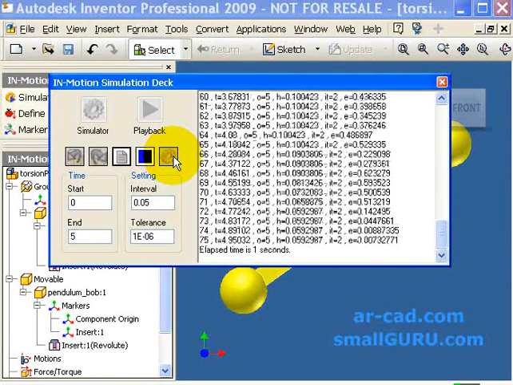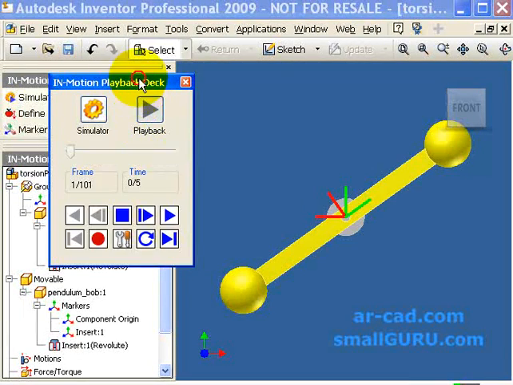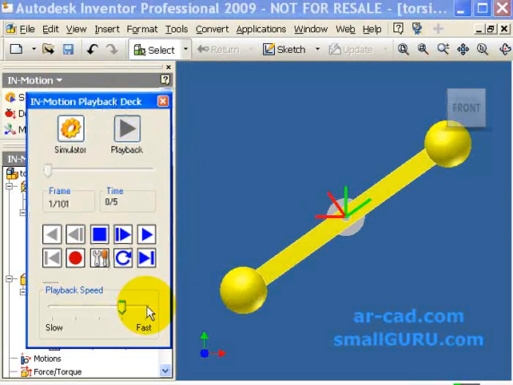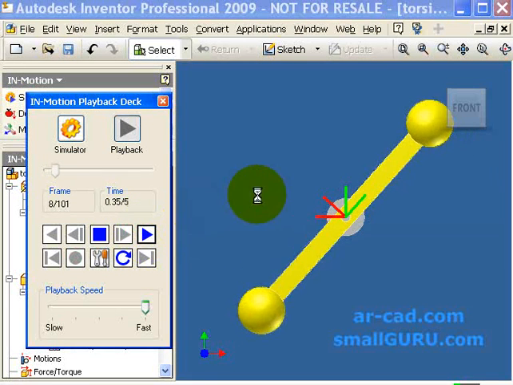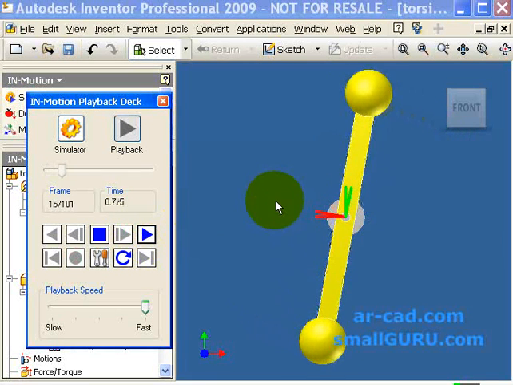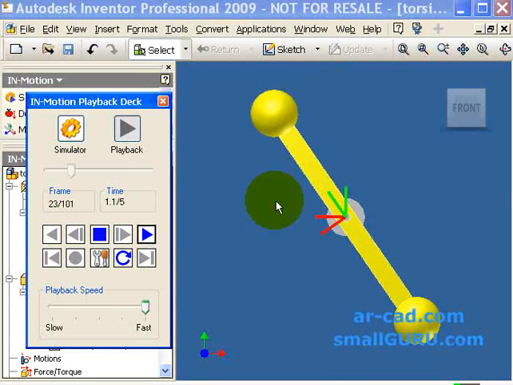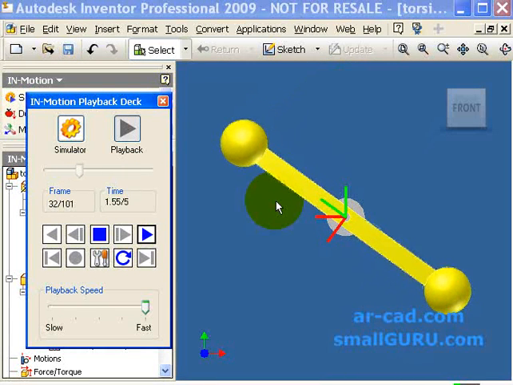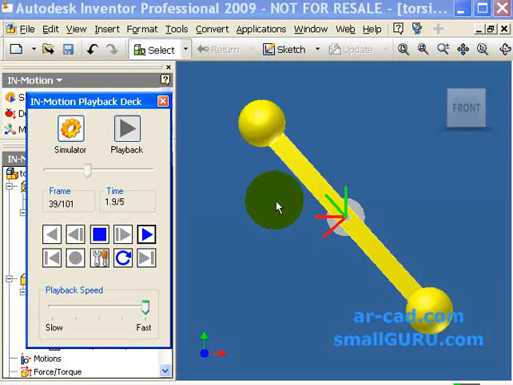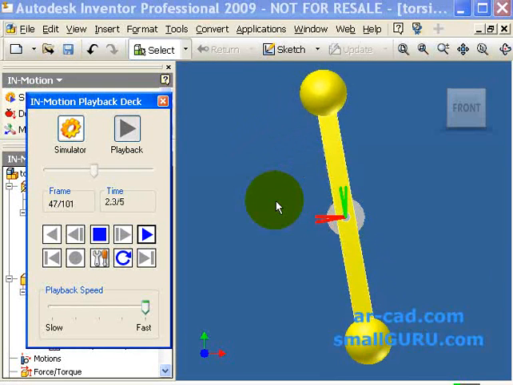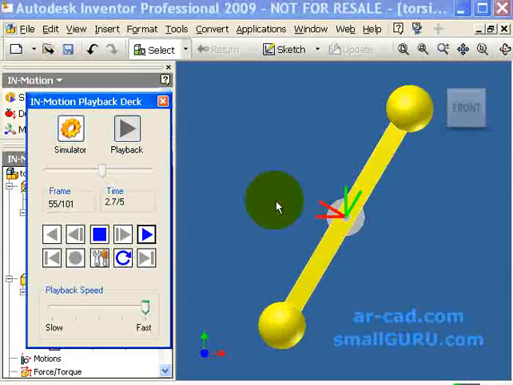The simulation takes place and we get the playback deck. Let's increase the speed. We go start. Now as you can see, the angle between the red axes is decreasing. It has come to 0 and it keeps on increasing in the negative direction. It goes to another extent and again comes back to 0 and goes to the initial value.